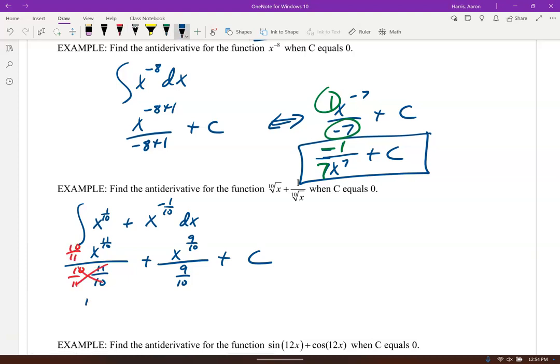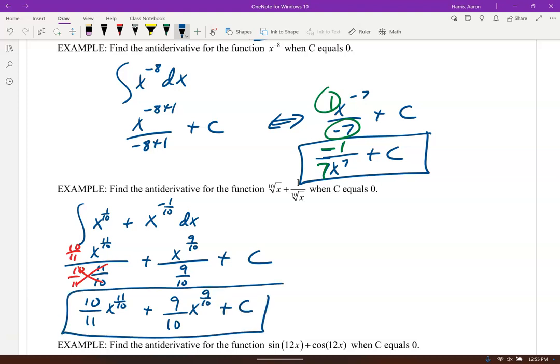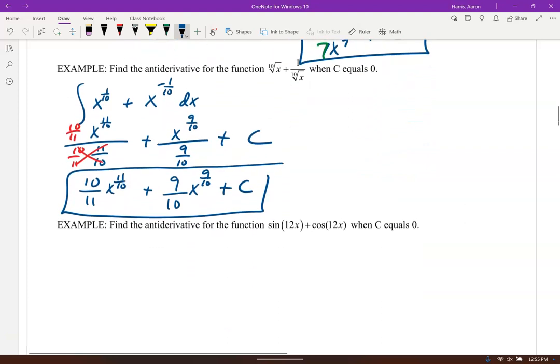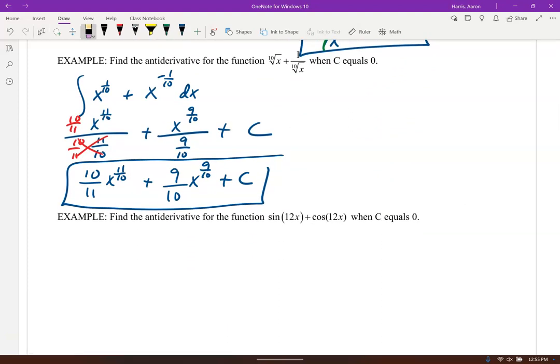So we have 10/11 x to the 11/10, plus 10/9. Oh my goodness, 10/9. Flip that. x to the 9/10 plus a constant.